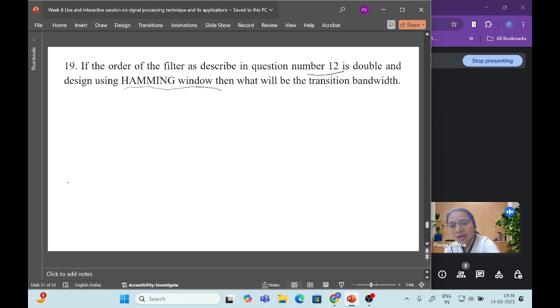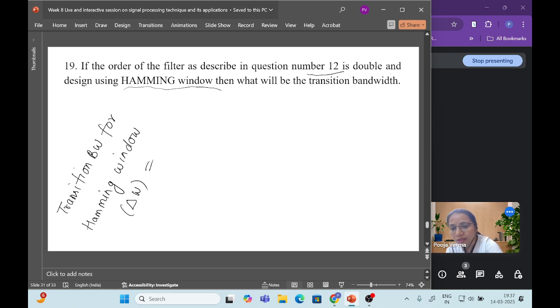So if you are designing, the transition bandwidth for the Hamming window, already we know that, delta omega is equal to 8 pi by M. Now let's see what the order of the filter was in question number 12, what order we derived from there.